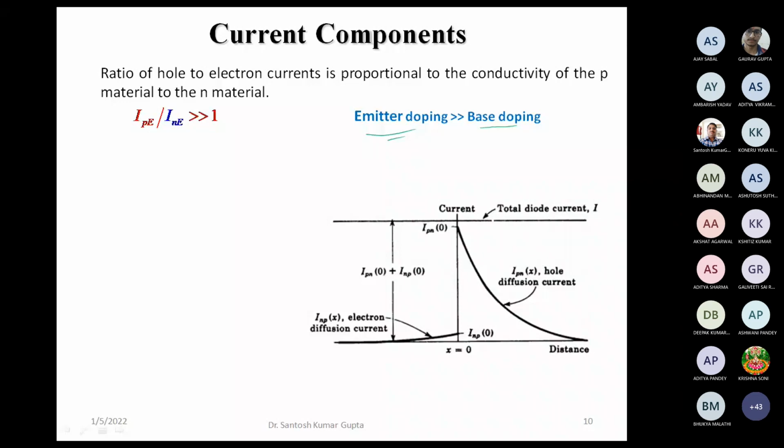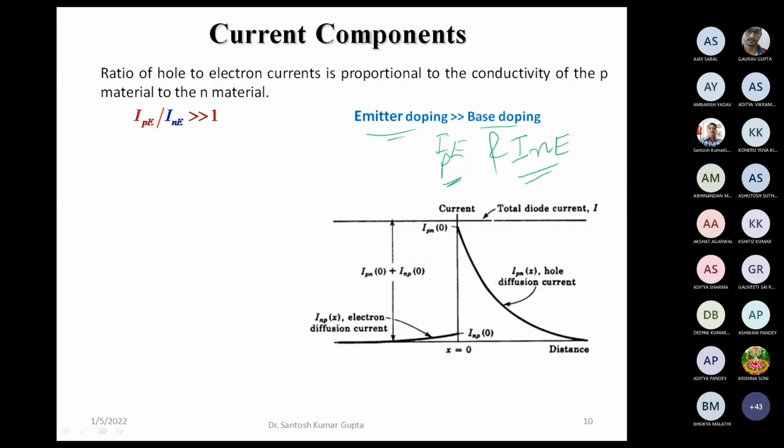The current components of the emitter are the part arising from hole injection, and the part arising from the injection of electrons from the base into the emitter, that is INE.